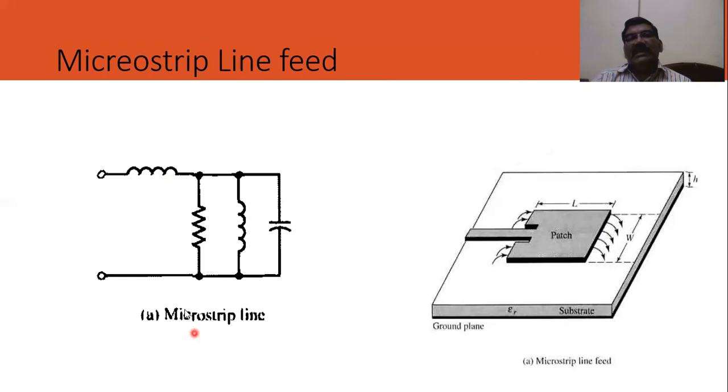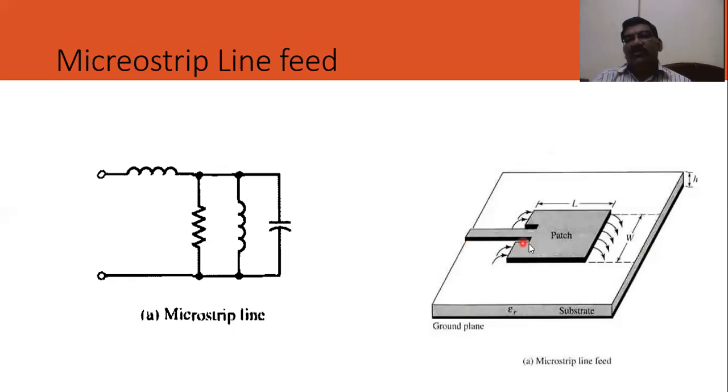The microstrip line has an equivalent circuit with a conductor, resistor, inductor, and this is the capacitor. As a strip line, the microstrip line equivalent circuit is there. Similarly, this is again the equivalent circuit for the microstrip line. So this way it is done here. This is the popular feeding technique. All the other parameters remain the same.